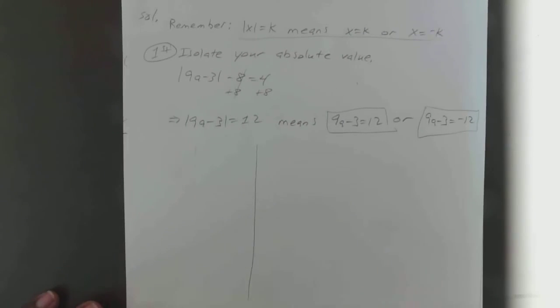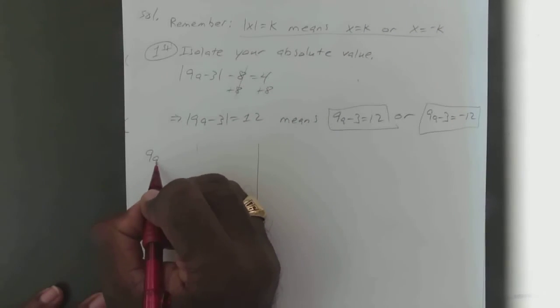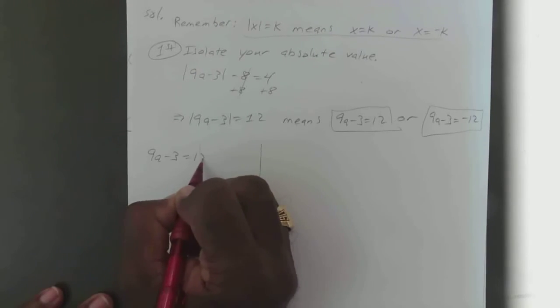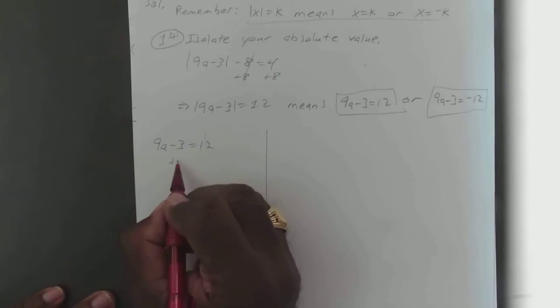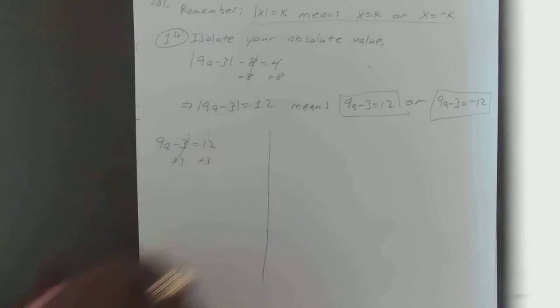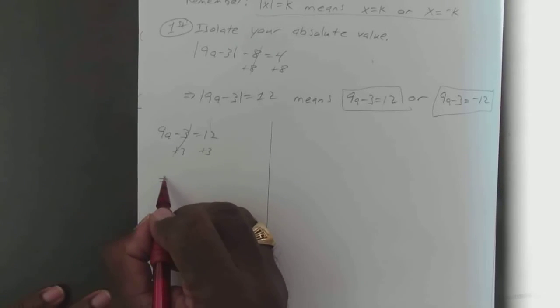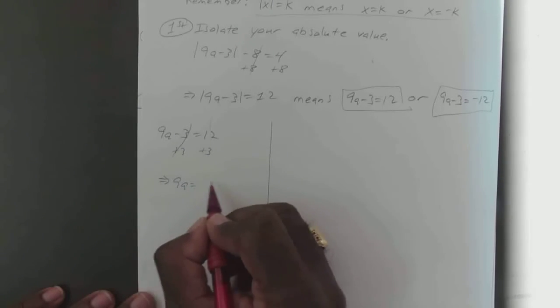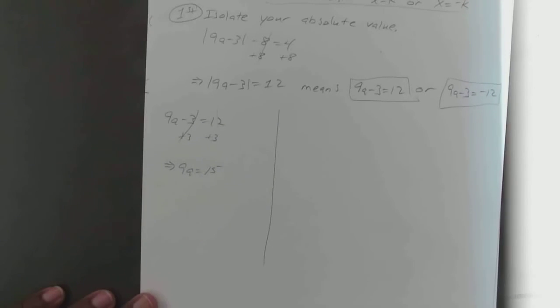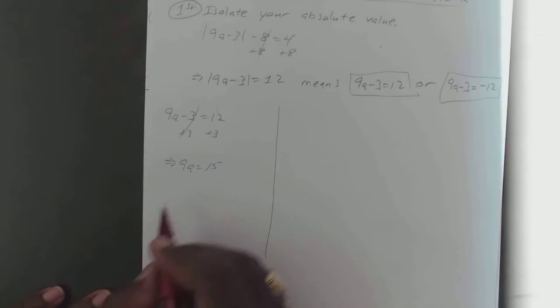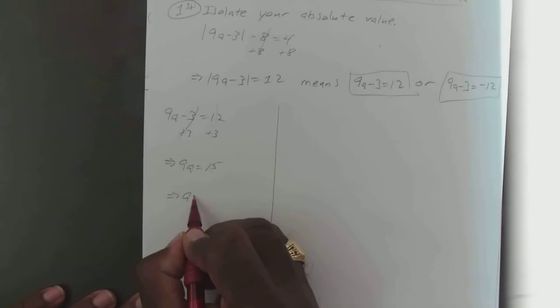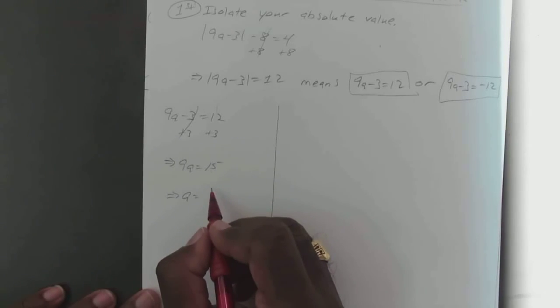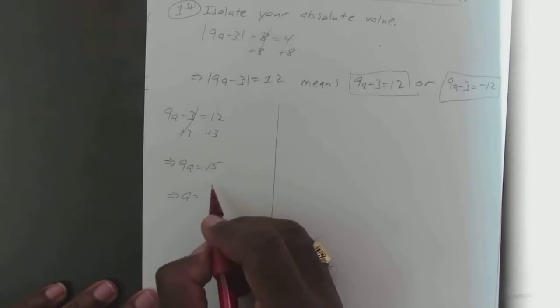So 9a minus 3 equals 12. Add 3 to both sides. That gives us 9a equals 15. Divide both sides by 9. You have a equals 15 divided by 9, which is 5 divided by 3.